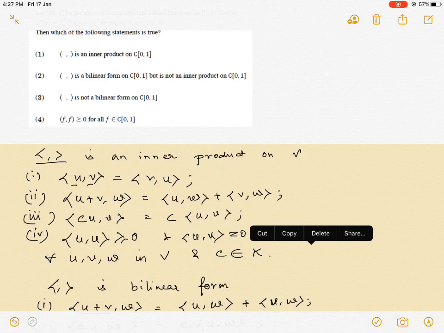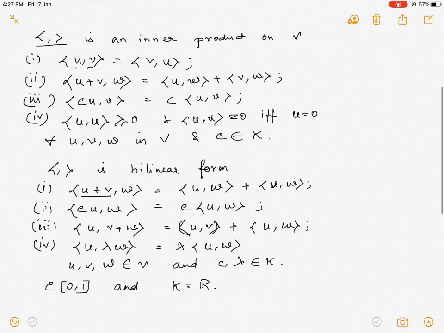We will check these conditions one by one.